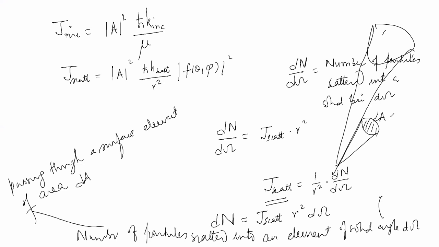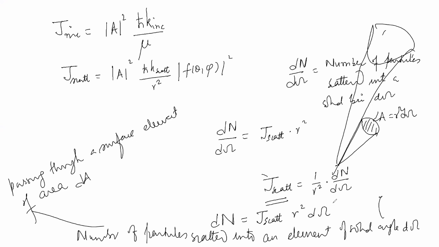This was the area dA. This was r square d omega. Therefore, what is this j incident? j incident basically is the definition of number of particles per unit area per unit time.